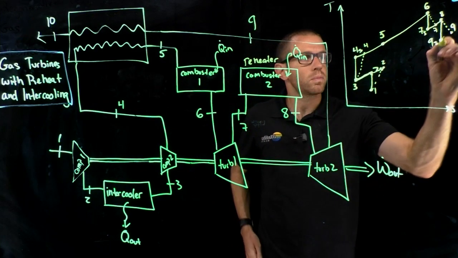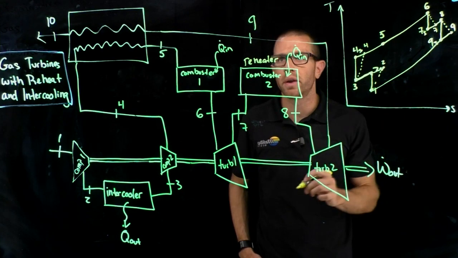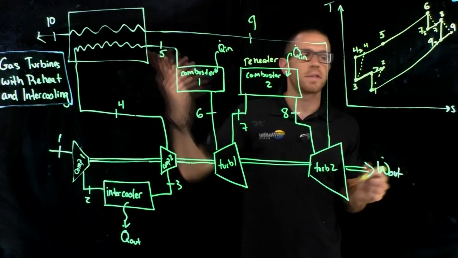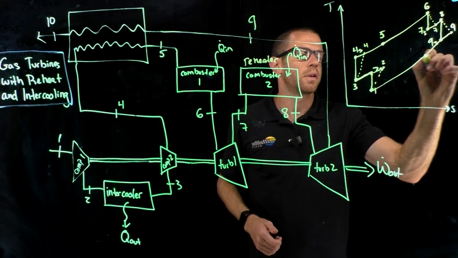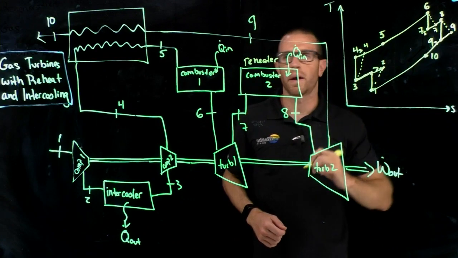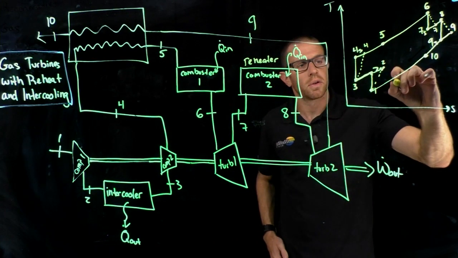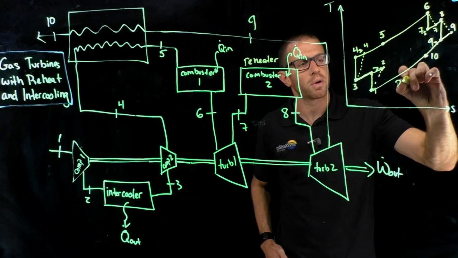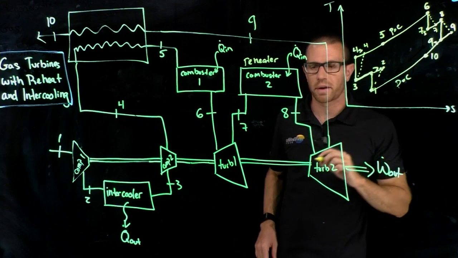So we're going to do this on an isobar all the way back down to 1, where we're going to pass state 10 somewhere along the way. Let's just put it right there. Okay? All right, so let's keep in mind that pressure is constant here, pressure is constant on that line as well.